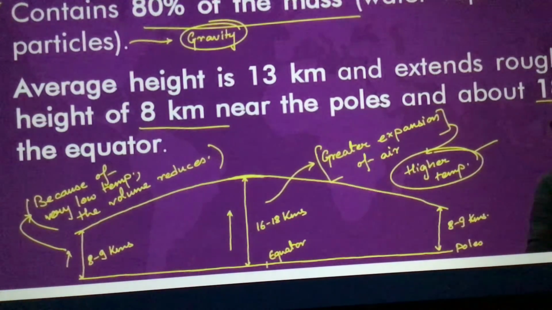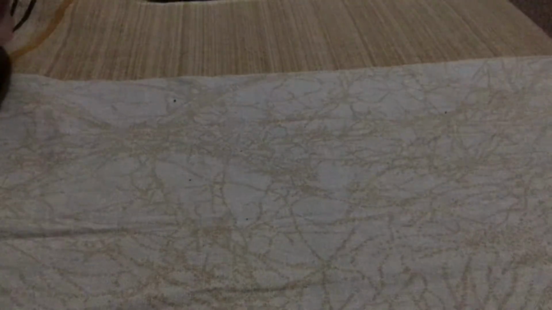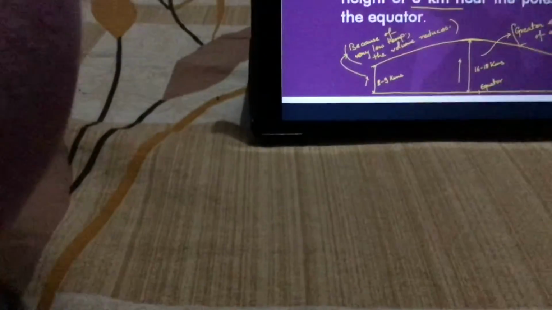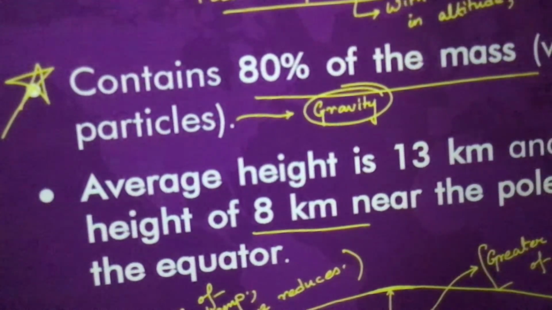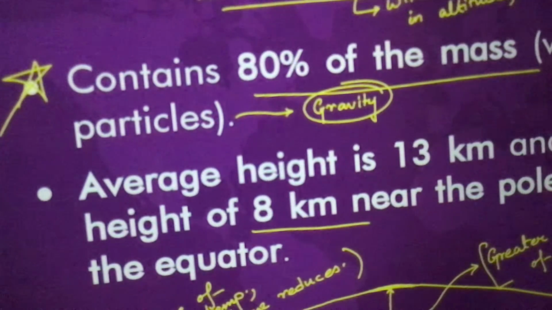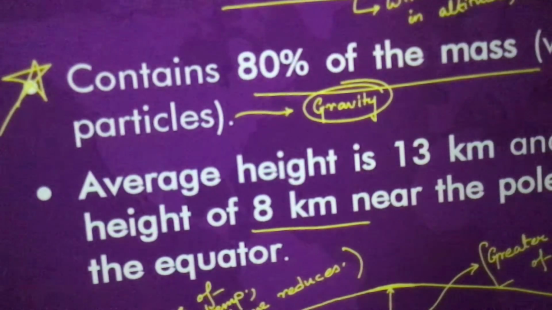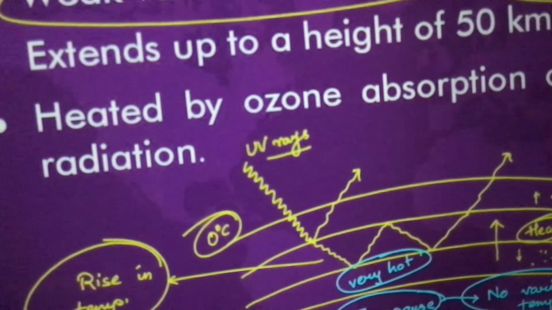That is, no change in temperature with the increase in altitude. Why? Because you have heating from the top and cooling from the bottom. That is why no change in temperature will be observed.